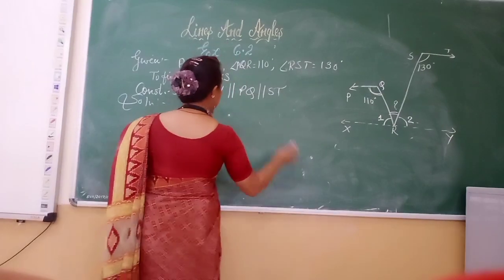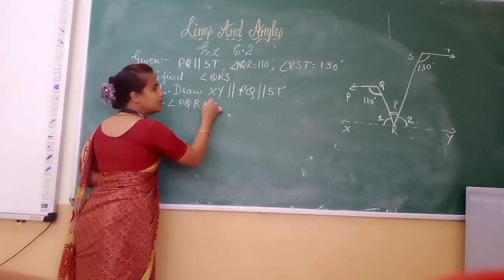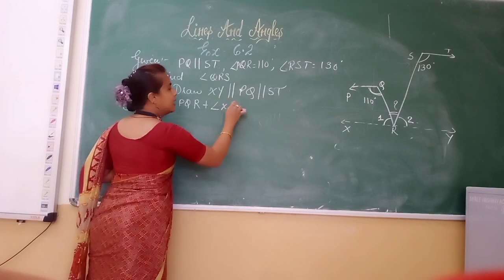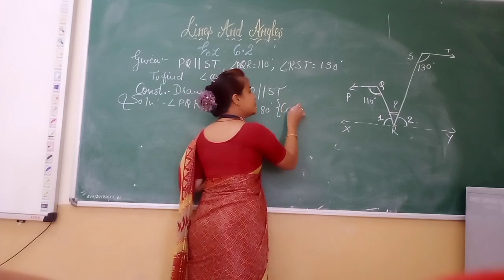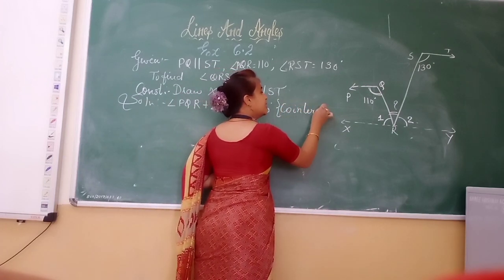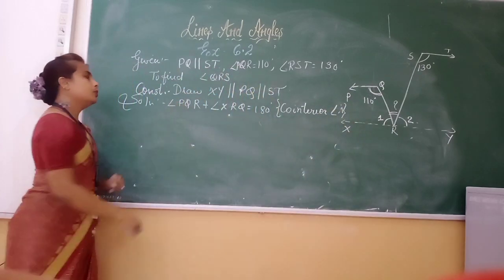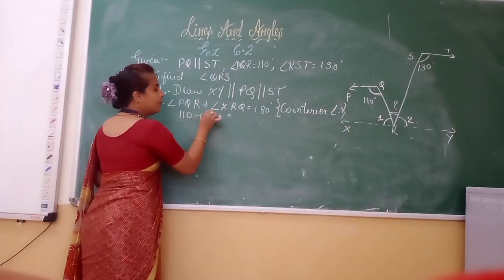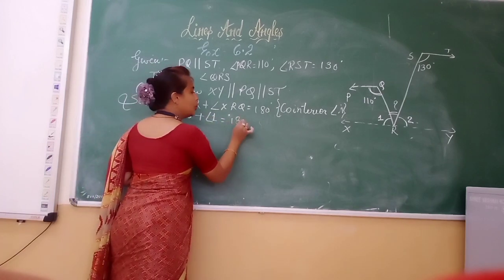So here angle PQR plus angle XRQ is equals to 180 degree because it forms co-interior angles. PQR is 110 plus XRQ, let us write as angle 1, is equals to 180.